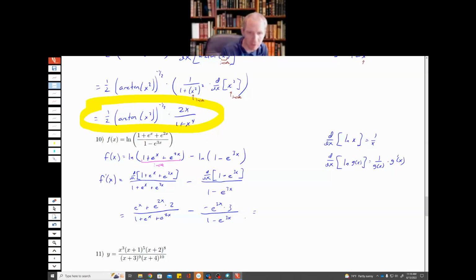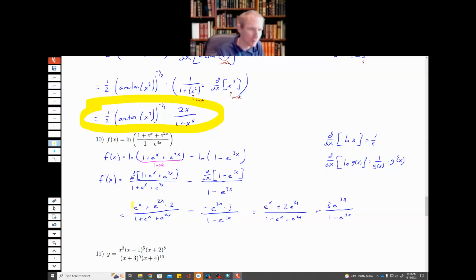So you don't have to simplify. If you did, the way that I would usually write this would be plus 2e to the 2x. And here I have minus a negative, so it's going to be plus 3e to the 3x.